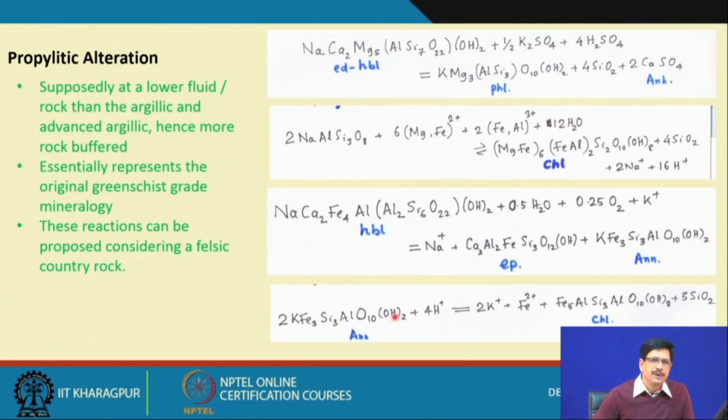The alteration we get is within this granitic or felsic country rock, or sometimes could be the sediments.